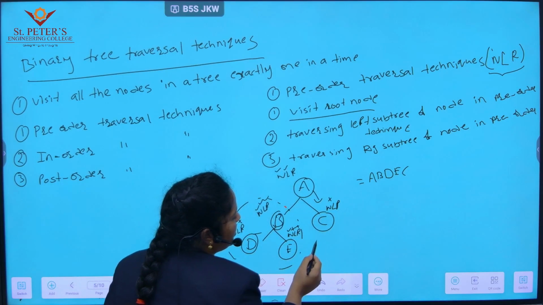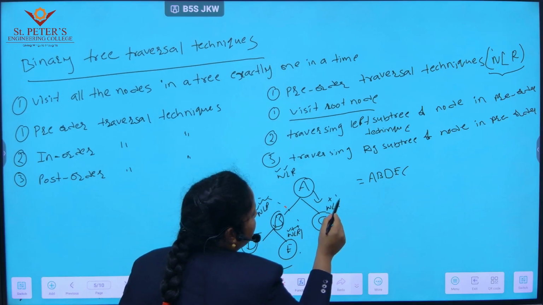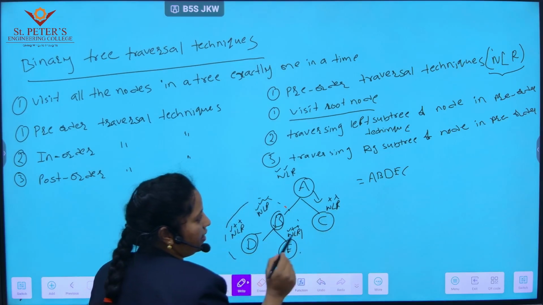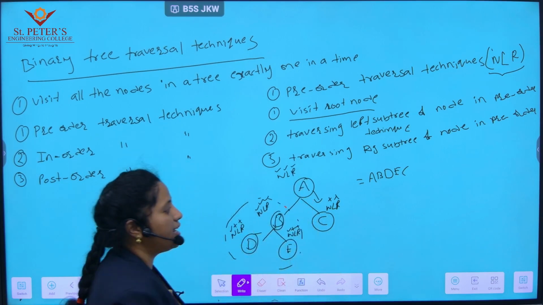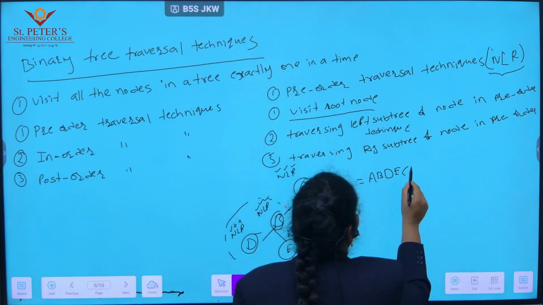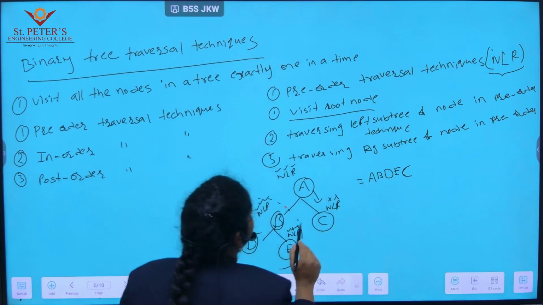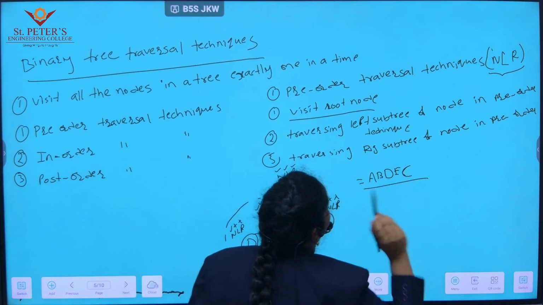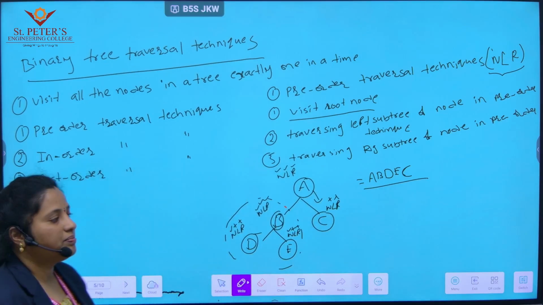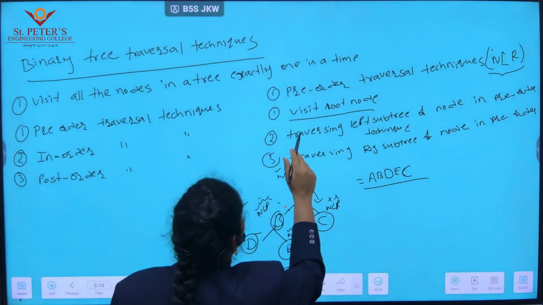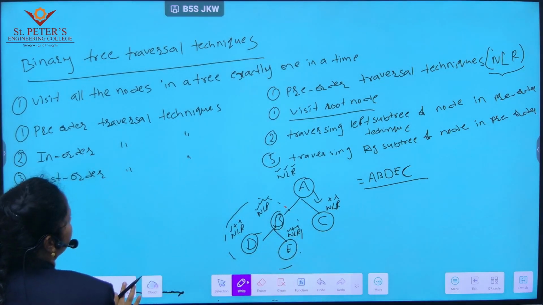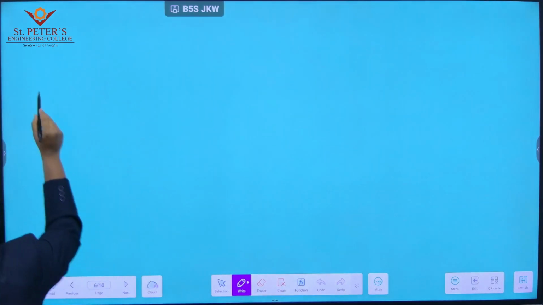No, L is not there. R is there? R also not there. Okay. So this complete R part of A is also completed. So this is the pre-order technique value. Okay. And next is same as in-order.